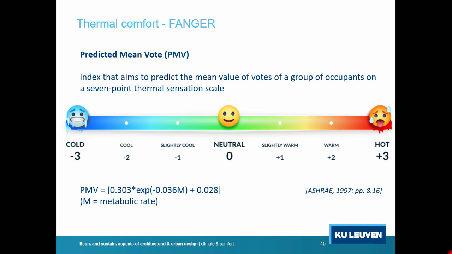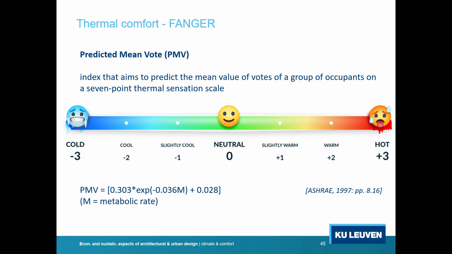This formula relates how he feels, so how this number is related to the metabolic rate calculated in the previous one. So all the parameters that I described in the previous slide are linked to the -3 to +3 scale through this formula.